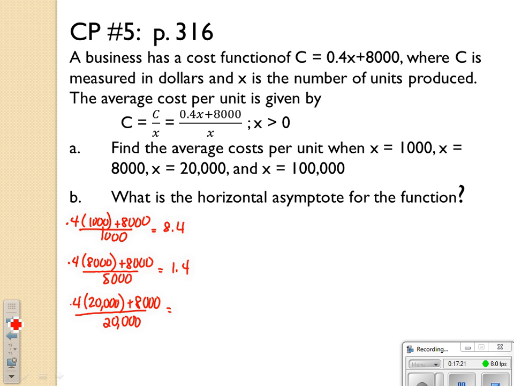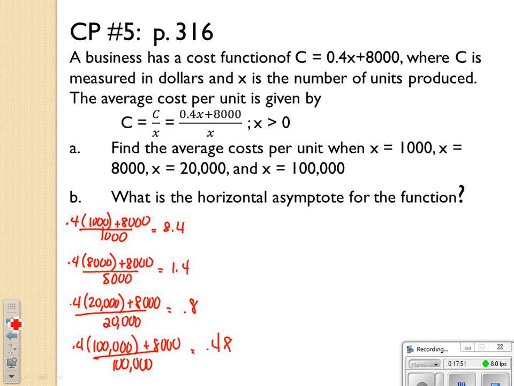I calculated 0.8. And the last one they gave us was 100,000 units. And I got 0.48. Okay, so it's looking like the cost is going to decrease as the amount of units that we produce goes up.